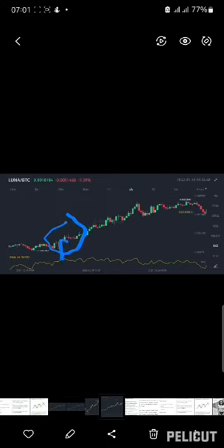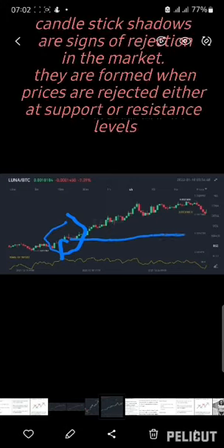As you can see, that candlestick tested this level, after which it pulled back. That shadow means the price got to that particular level and was rejected by the buyers. You understand? That's why the price got there and started pulling back. That shadow is a sign of pullback.